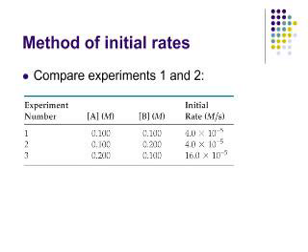All right. So the first thing I want to do is compare experiments 1 and 2. Now you'll notice in experiments 1 and 2, the concentration of A is constant. I'm not changing the concentration of A, but I am changing the concentration of B. I'm changing it by a factor of 2. Now, if you look at the rate in trials 1 and 2, the initial rate of these two trials was unaffected.